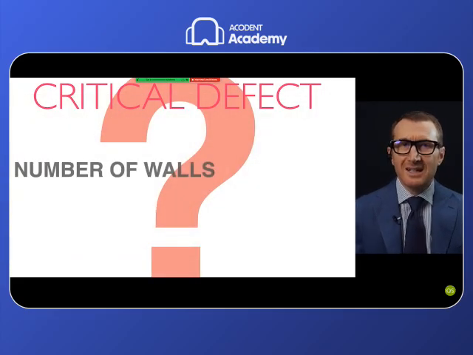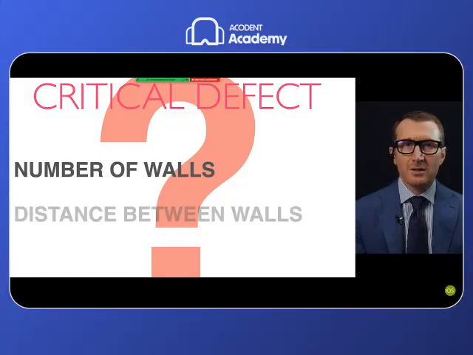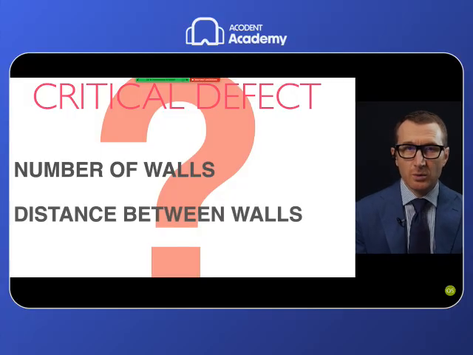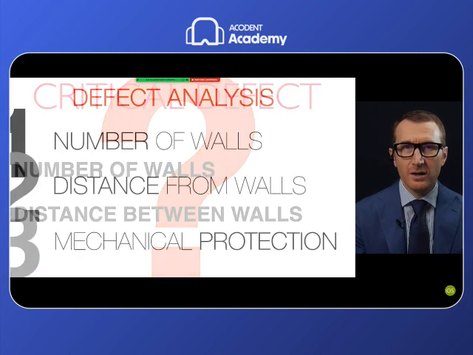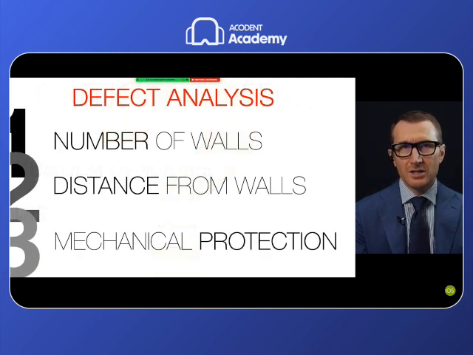So how critical is my defect? Number of walls, again, and distance between walls, because if I look at this, I can understand how difficult the regeneration will be. So number of walls, distance from the walls, and mechanical protection. That is the important point, because mechanically we may take decisions in terms of how to perform the surgery to improve the mechanical stability of the environment.